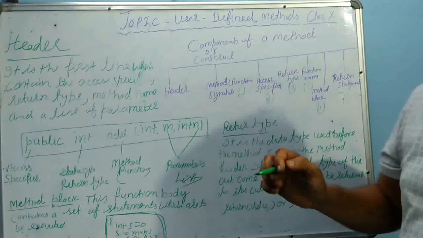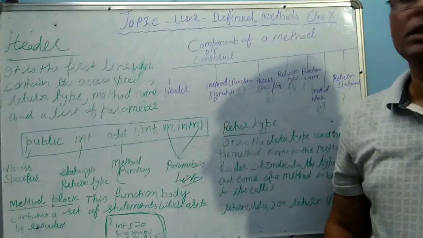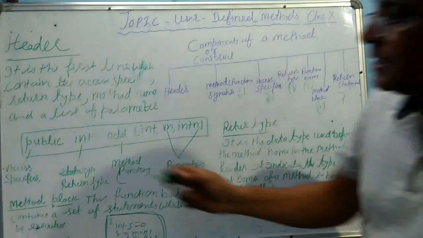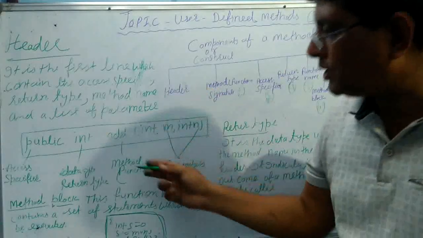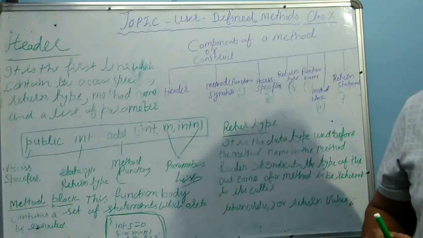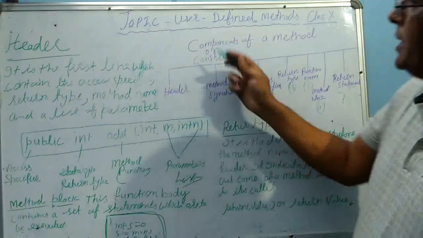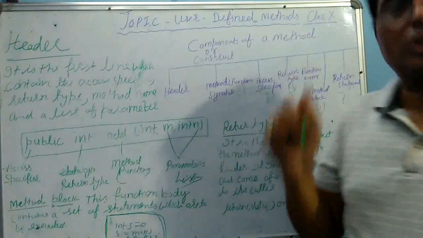So you have to learn very carefully what we call each part: what is the specifier, what is the data type or return type, what is the function method, and what are the parameters. I hope you have understood the components of a method well.